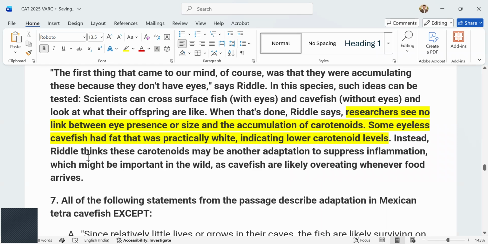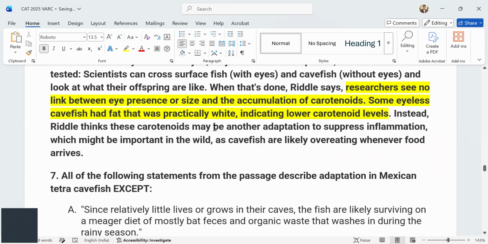Instead, Riddle thinks these carotenoids may be another adaptation to suppress inflammation, which might be important in the wild as cavefish are likely overeating whenever food arrives. Right?